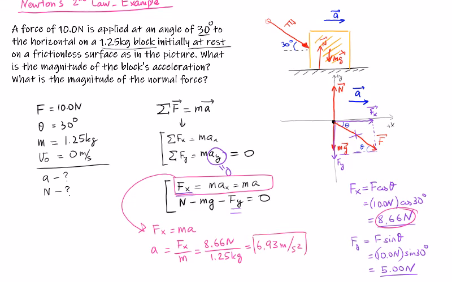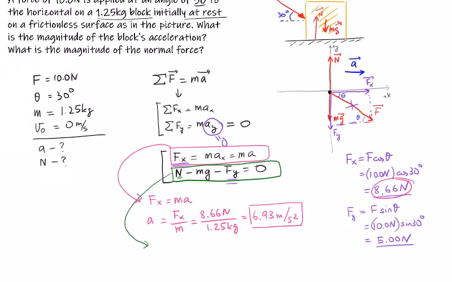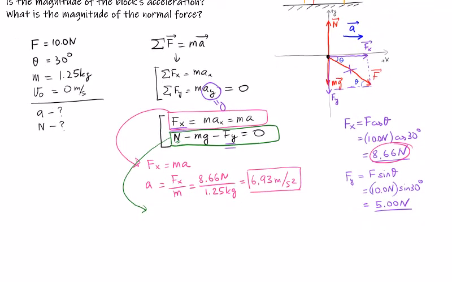That's our first answer. For the second part of the problem, we're going to use the second equation, where the N is involved because we're looking for N. From that equation it follows that N equals Fy plus mg.